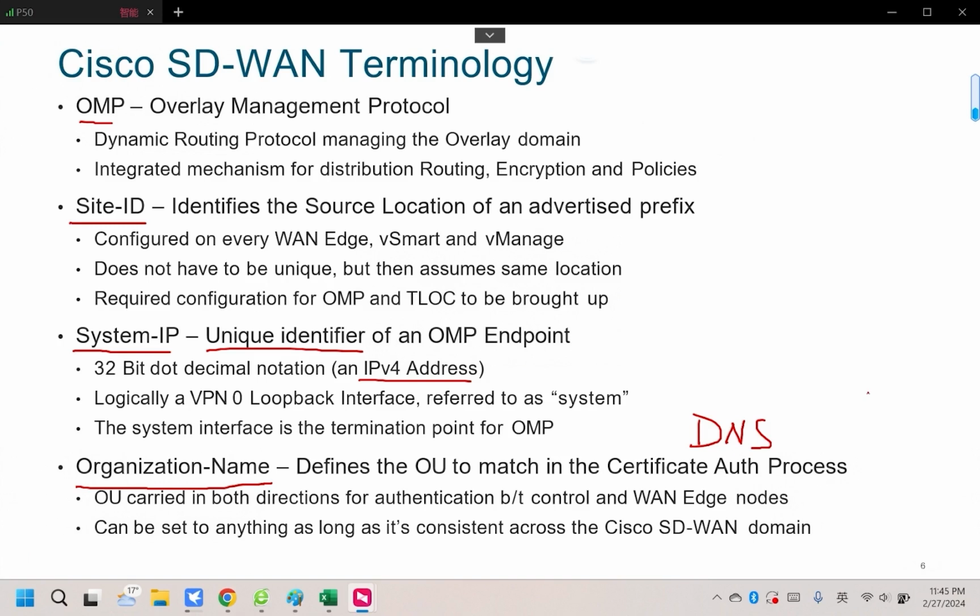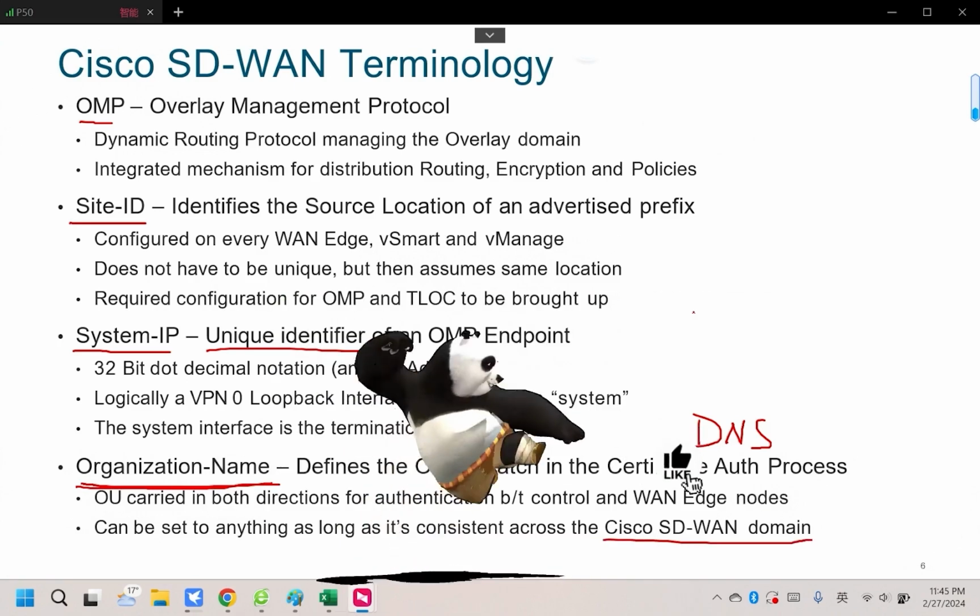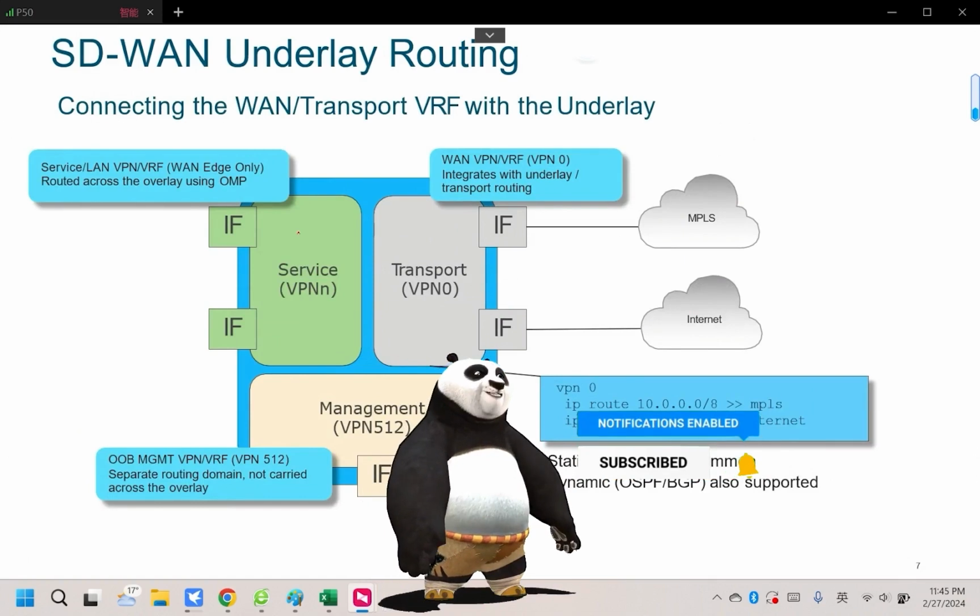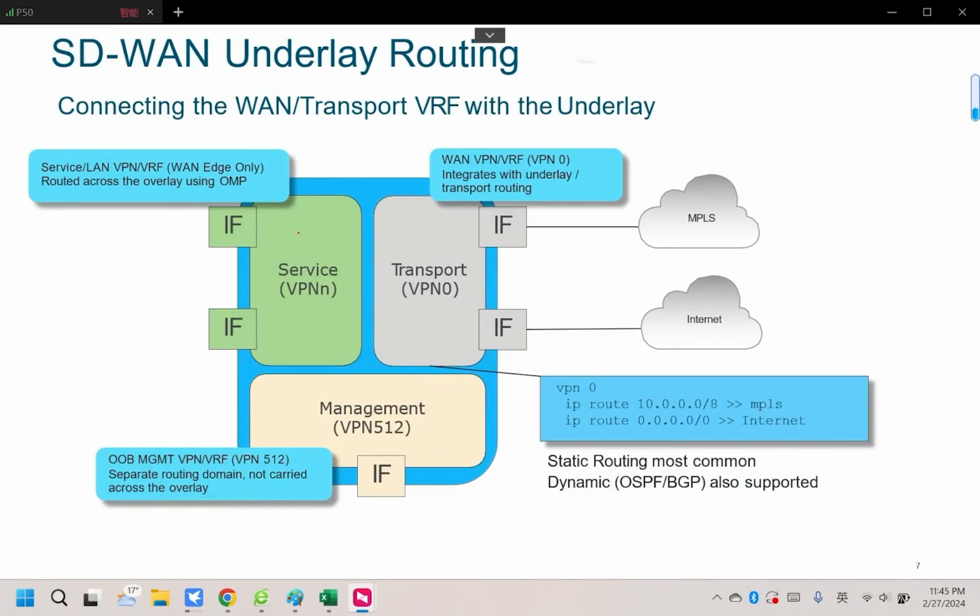Similarly, the organization name needs to be predefined when placing an order under sales, then defined and registered on Cisco's official website to ensure the organization name is without conflict. Thus, in Cisco's SD-WAN domain, it is conflict-free. Okay, after introducing these terms, let's review the small connections between them. We just mentioned the service side, site ID, and transport port.